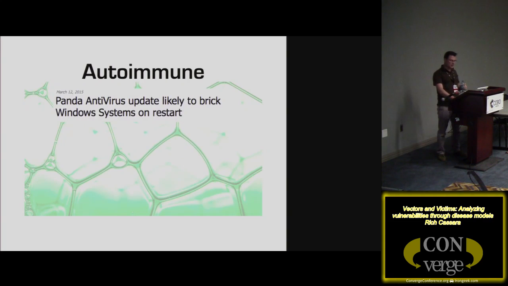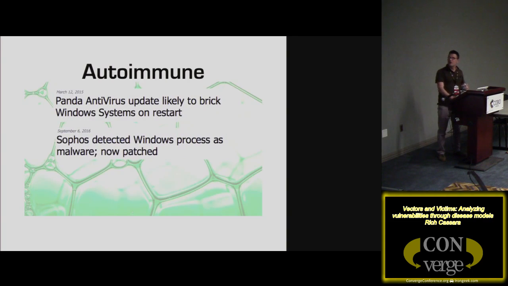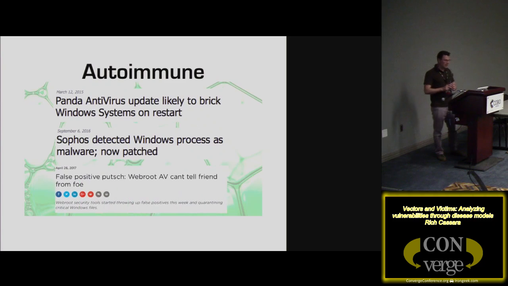This is something that is constantly happening. Somebody updates your antivirus or some other security system, and it detects vital system files as being bad, and it quarantines them and bricks your system. So that is much like an autoimmune disorder.